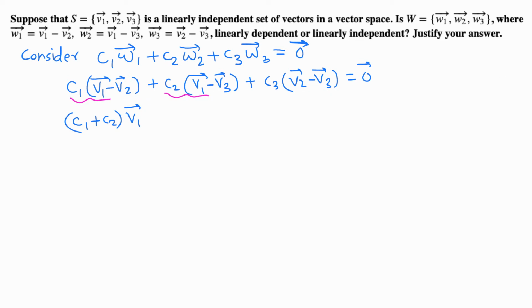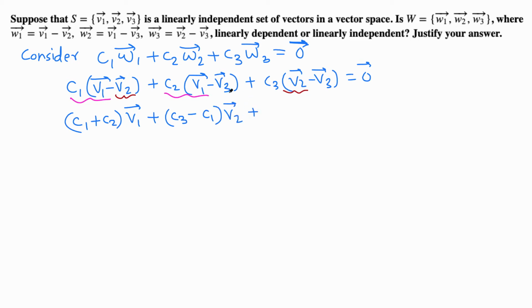Then how about v2? So we got c1 v2 and c3 v2. So from there we factor v2 out. That means negative c1 plus c3, or I want to write c3 first, c3 minus c1, times v2.